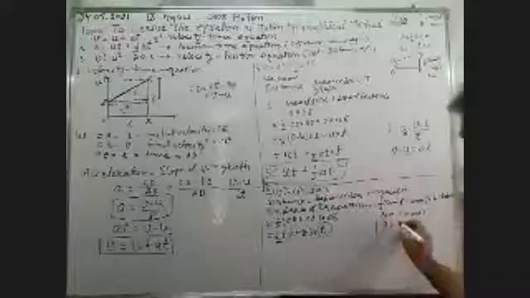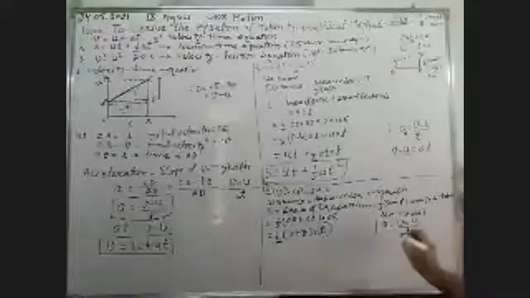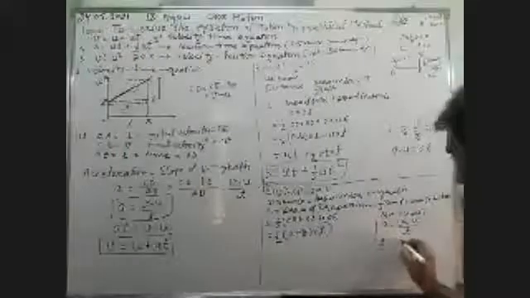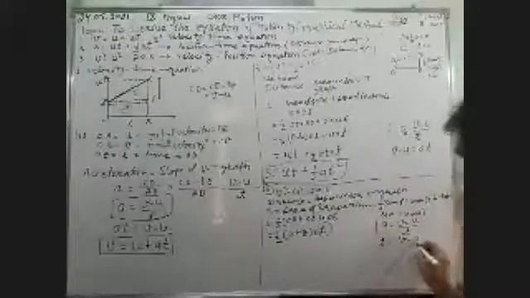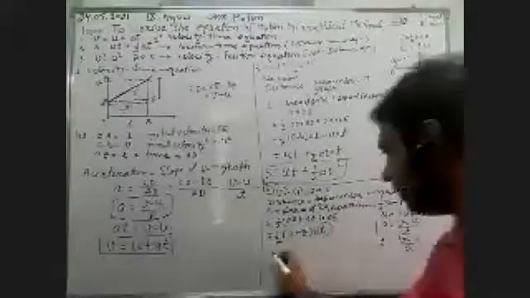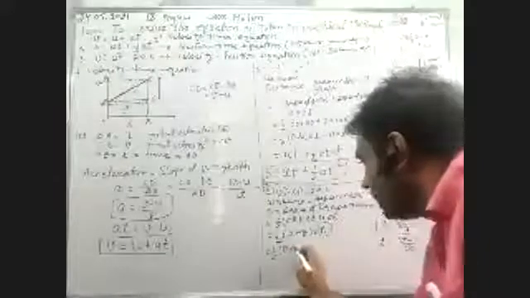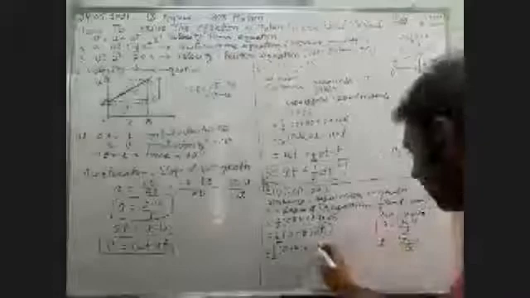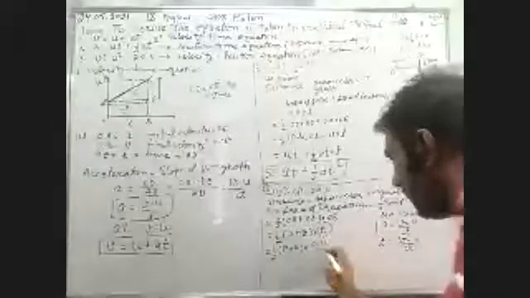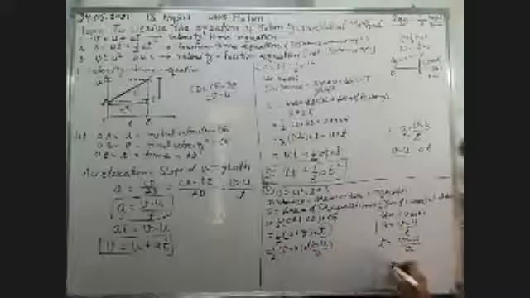We know A is equal to V minus U divided by T. So what is T? T is equal to V minus U divided by A. So put this value of T here. 1 by 2 V plus U multiplied by V minus U divided by A. Okay. So now here is an identity of mathematics. What is this identity?